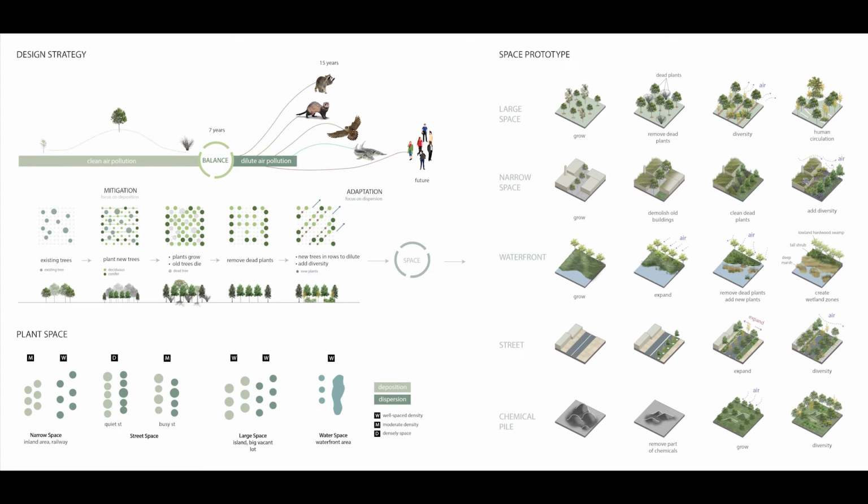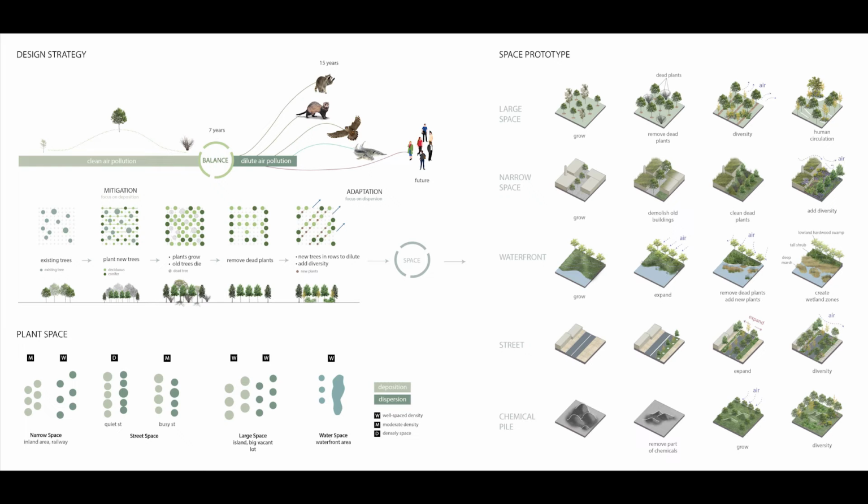And for the waterfront area, first I plant some new trees and then expand it, considering its rising sea level. The last step is to create wetland zones like deep marsh area, tall swamp, and lowland hardwood swamp.